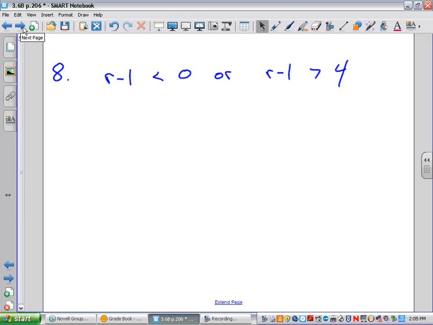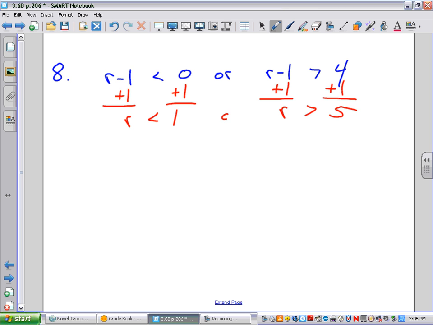I want to try number 8. For number 8, I'm going to add 1 to that side to solve it. That gives me r is less than 1. The other side, I just happen to add 1 again. Again, that always won't be the case. We get r greater than 5. So r is less than 1, or I can bring that word down, or r is greater than 5.